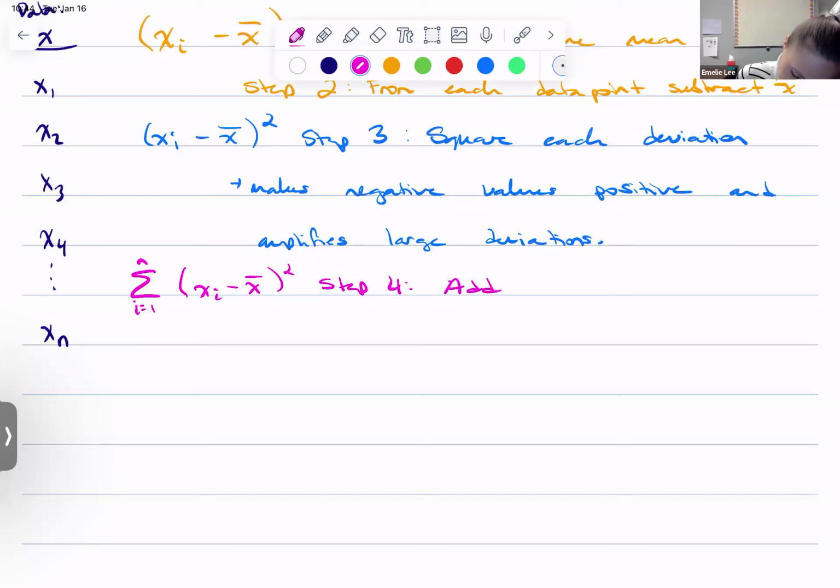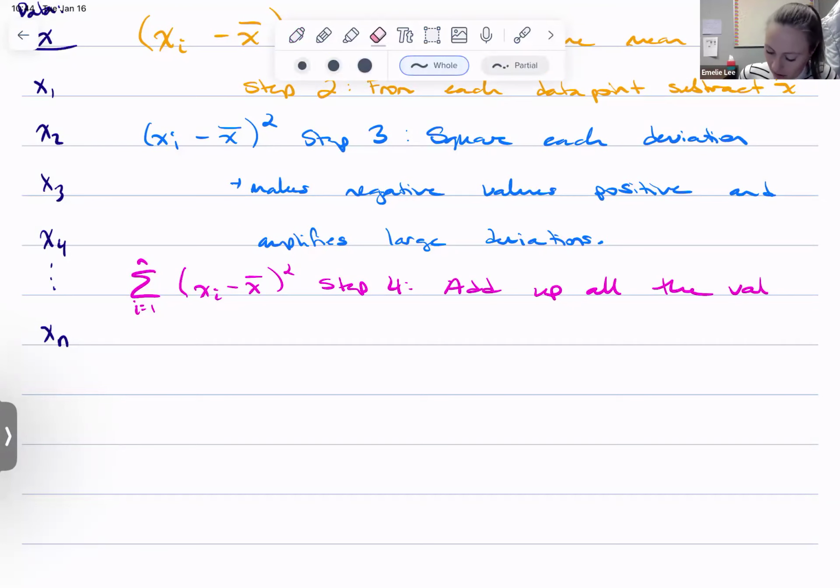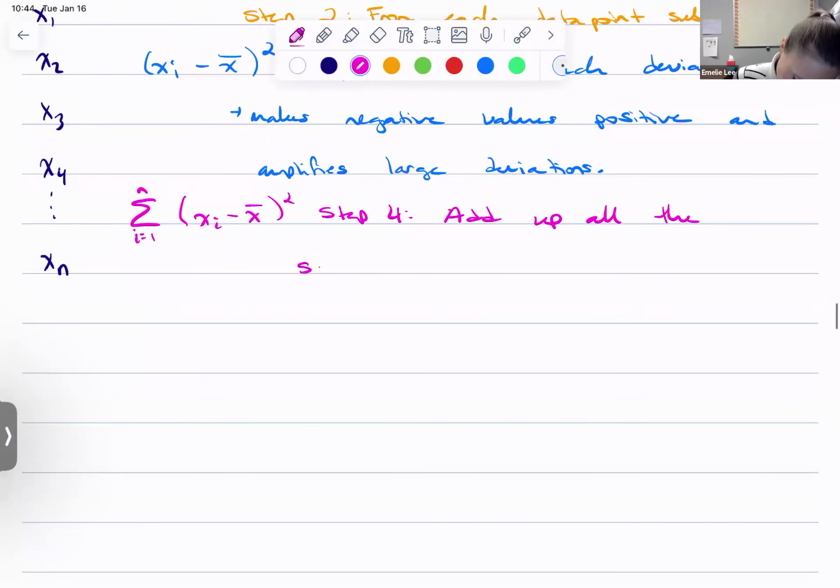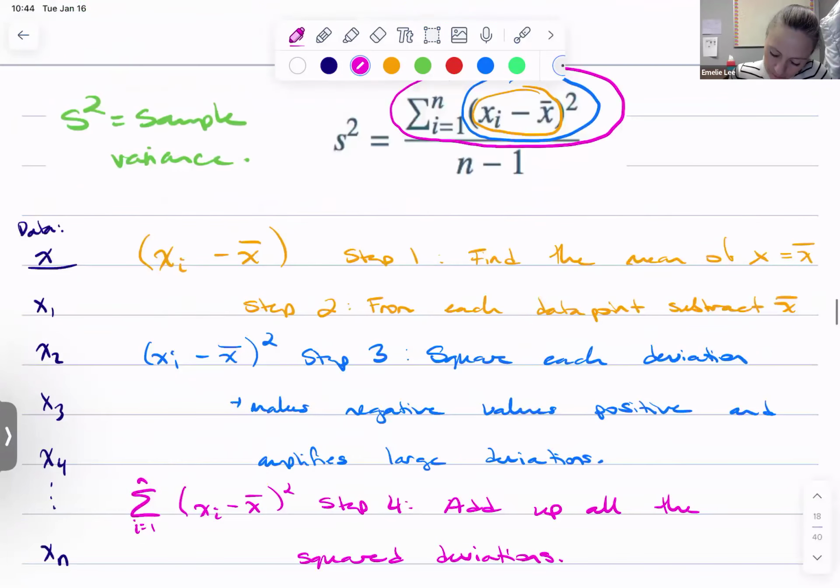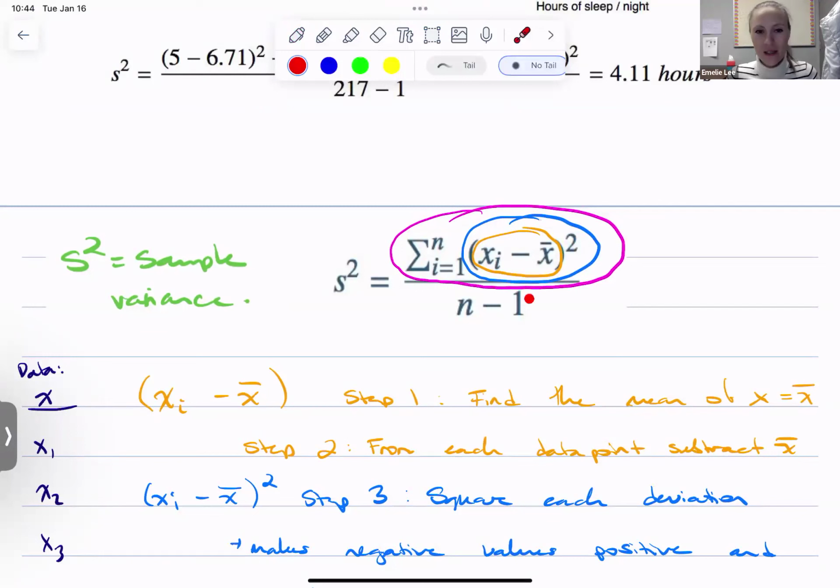Step 4, add up all the squared deviations. Once you have that number, which is just going to be a number, then we divide by n minus 1.